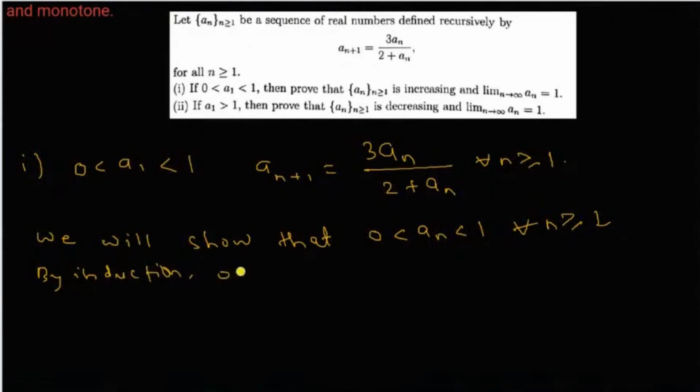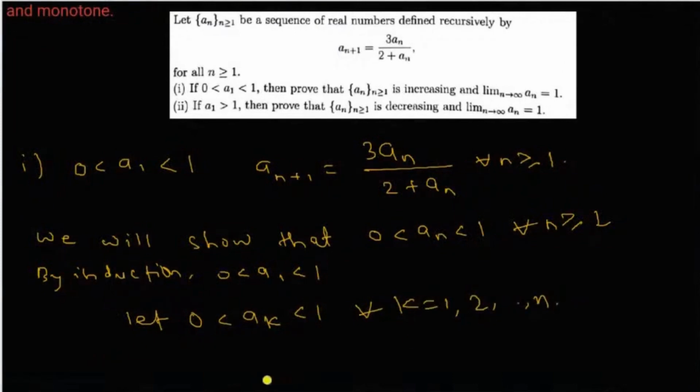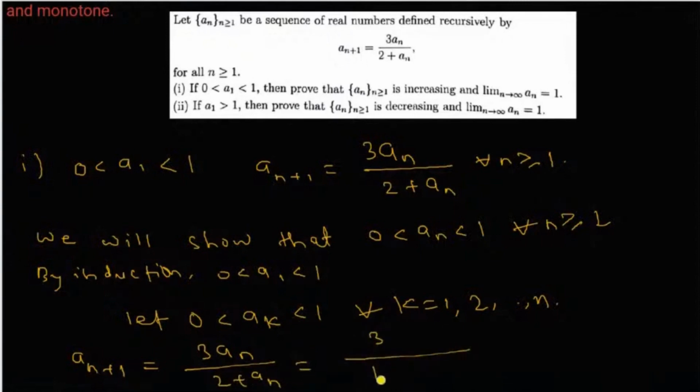We have 0 less than a_1 less than 1, so let 0 less than a_k less than 1 for all k equal to 1 to n. So a_(n+1) is equal to 3a_n by 2 plus a_n. This can be written as 3 by 1 plus 2 by a_n, right?